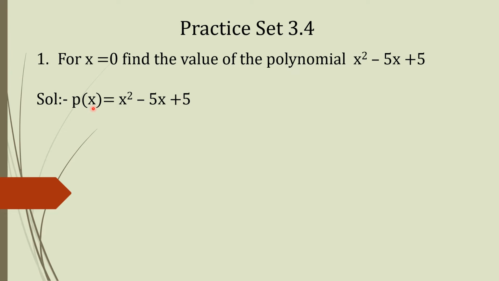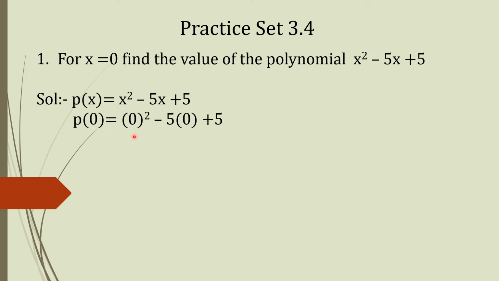So p of x equal to x square minus 5x plus 5. Now we will replace this variable x by 0. Wherever the variable x is there, we have to replace it by 0. So our next step will be p of 0 equal to 0 square minus 5 into 0 plus 5.